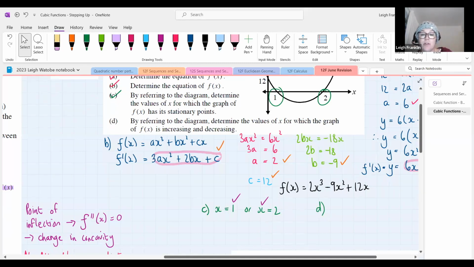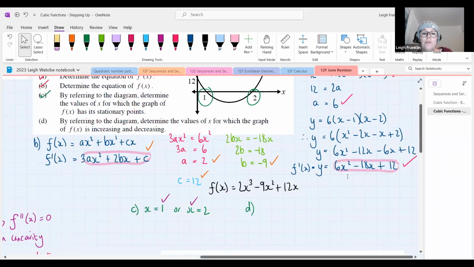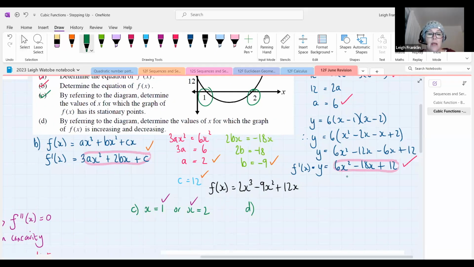So your original cubic function is going to be increasing when x is smaller than 1, or it will start to increase again when x is greater than 2.